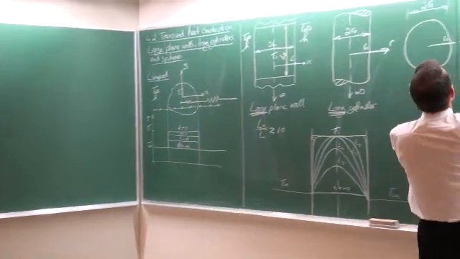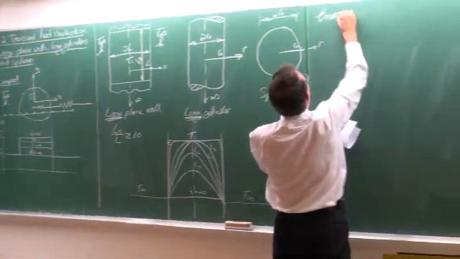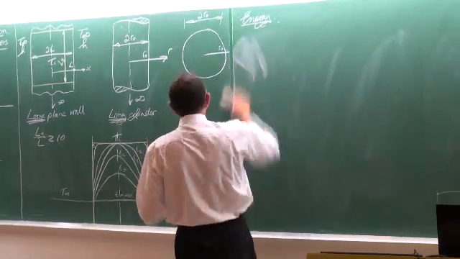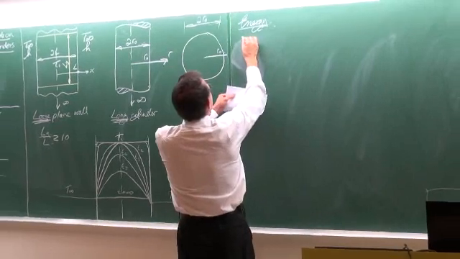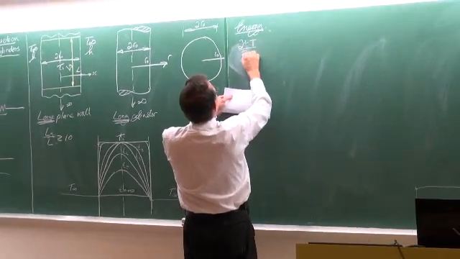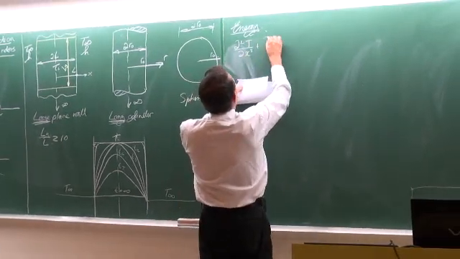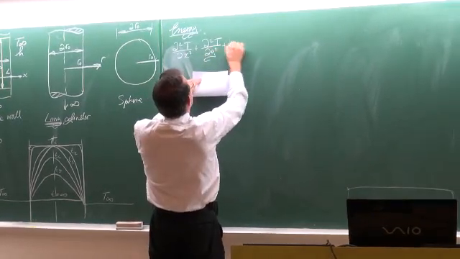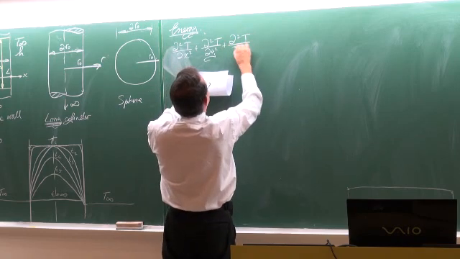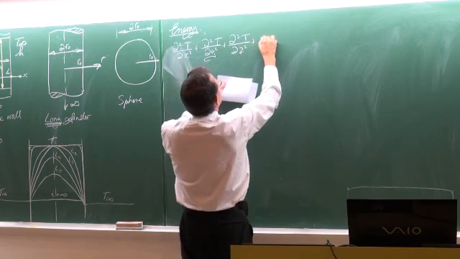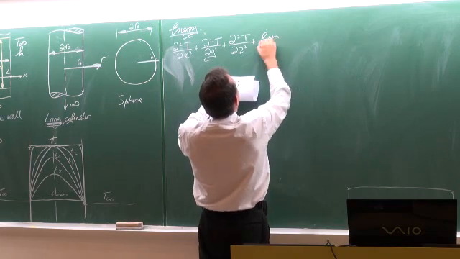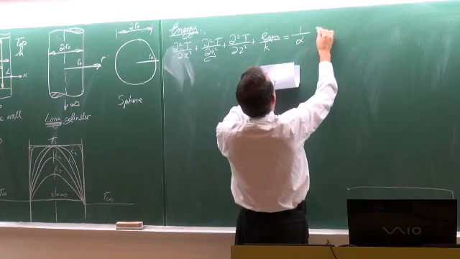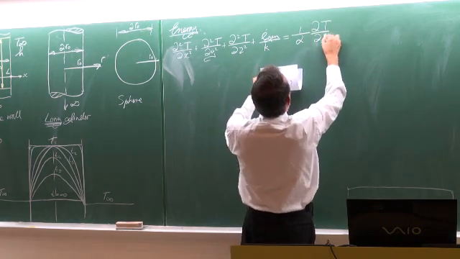Okay, and the energy equation, in the textbook of Cengel and Ghajar, looks like this. Partial d2T dx squared plus partial d2T dy squared plus partial d2T dz squared plus Egen divided by k is equal to 1 divided by alpha partial dT dt.